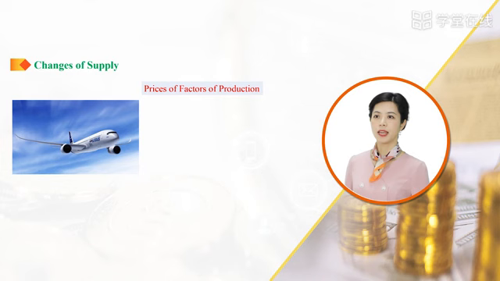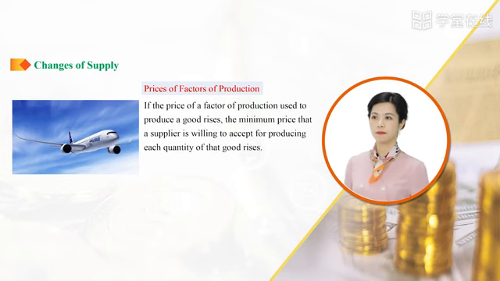The first one is price of factors of production. The prices of the factors of production used to produce a good influence its supply. To see this influence, think about the supply curve as the minimum supply price curve.